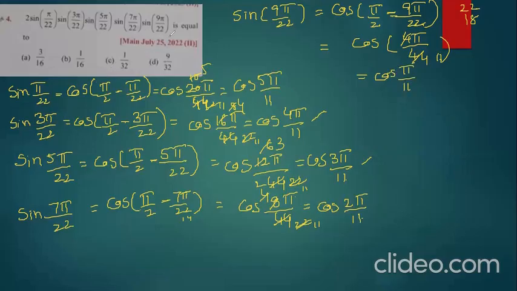And now you see here what I am doing is, cos all values we got. So this is cos pi by 11, this is cos 2 pi by 11, this is 3 pi by 11, this is 4 pi by 11, this is 5 pi by 11. I am erasing all, and we can easily write that. Let me erase all the things.